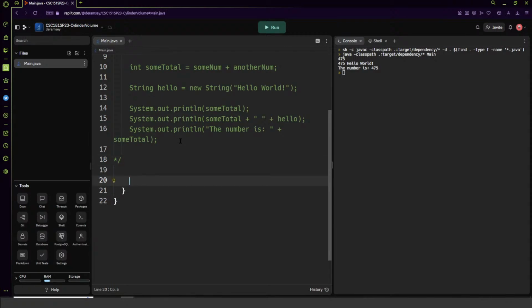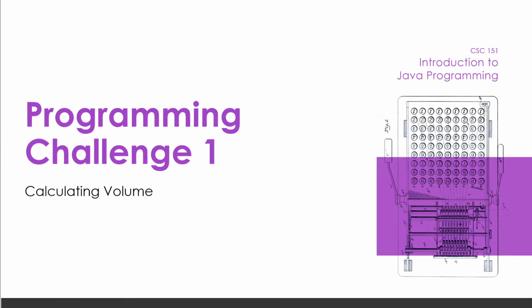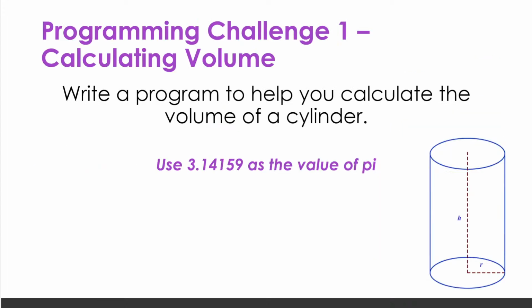If we were in class together, I would do this as a coding challenge or a programming challenge. I would ask you all to write me a program that will help me calculate the volume of a cylinder.